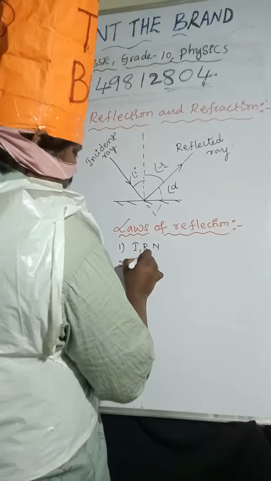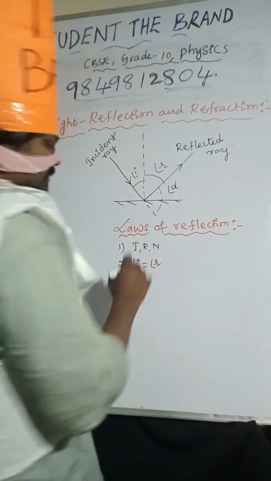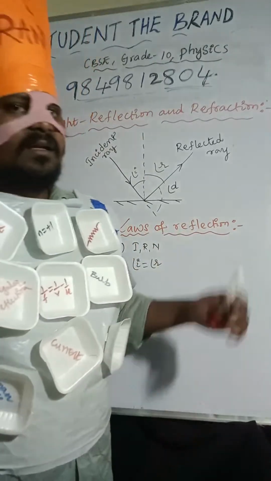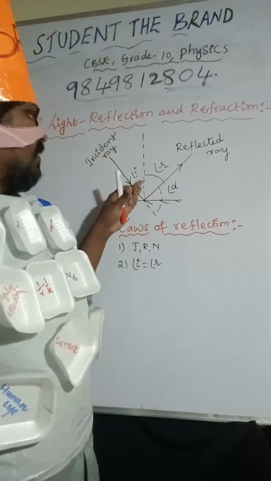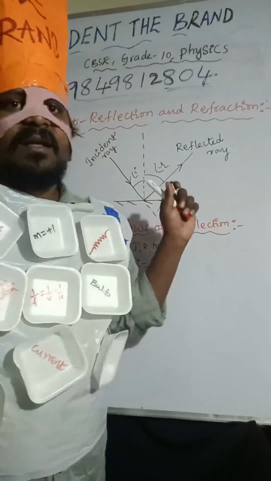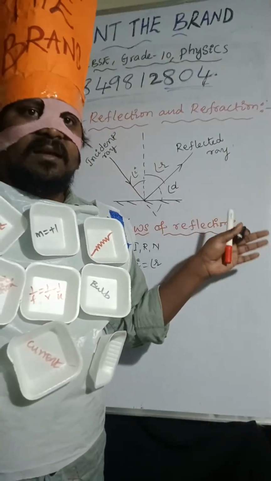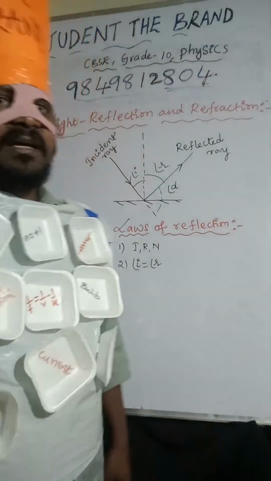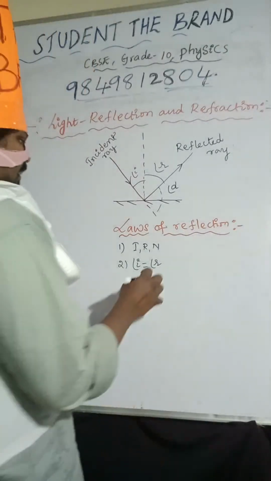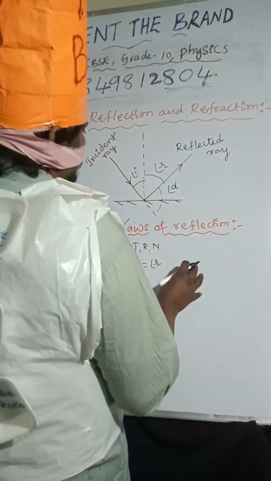Second, the angle of incidence is equal to the angle of reflection. So this is about the laws of reflection.